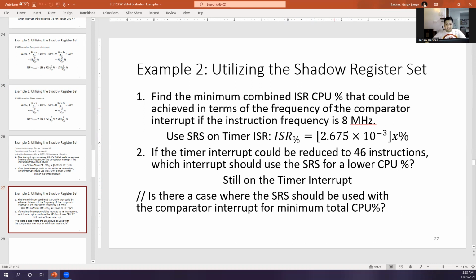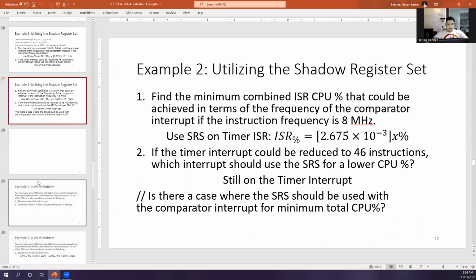So, will that mean kailangan ba dagdagan or pag ba mas marami pa yung instructions na kailangan for the timer, mas maganda na ba siya sa comparator? Pag ba tumaas yung frequency relative doon sa other one? So, yeah, something that you should think about.